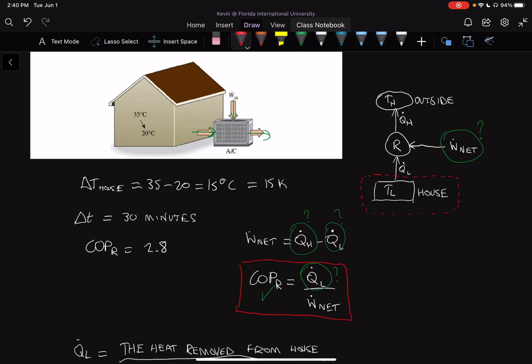So it's a two-part problem where you first use the second law that we've derived, and then use the first law for a certain part of the problem within the house in this case.